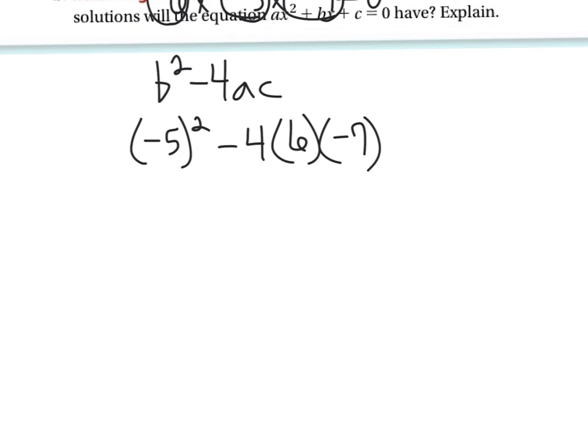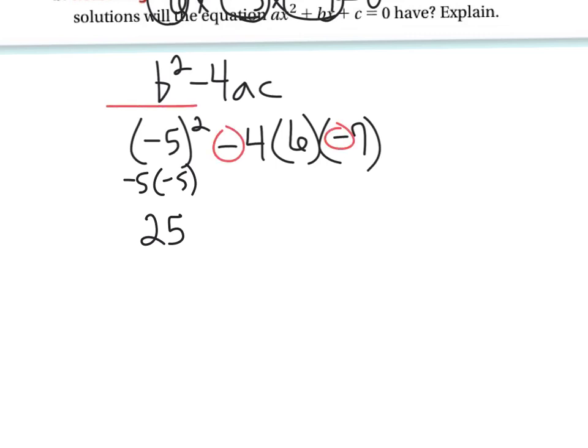Now what we have to remember, that negative 5 squared, we really don't need a calculator for this. We know it's negative 5 times negative 5, which would be a positive 25. You could type it in your calculator, but then you have to make sure you put the negative 5 in parentheses. I think we can just handle it without typing that in.